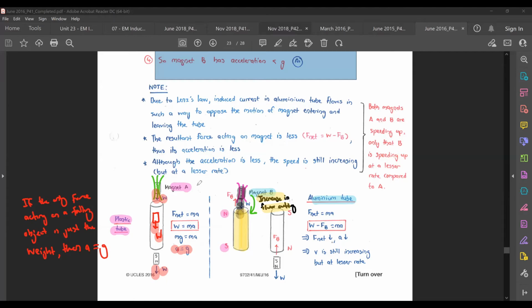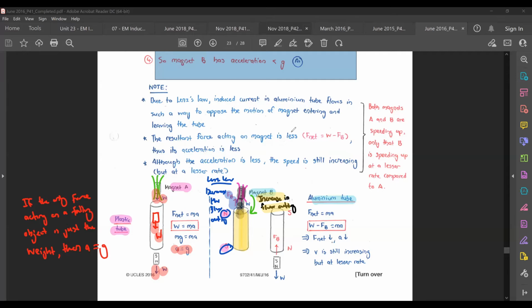So if that is the case, as the magnet tries to move in, it experiences a magnetic force trying to prevent it from coming in. This is a consequence of Lenz's law, to decrease the flux cutting, right? So that's why my polarity is N and S here, to oppose it. Okay, so far so good?